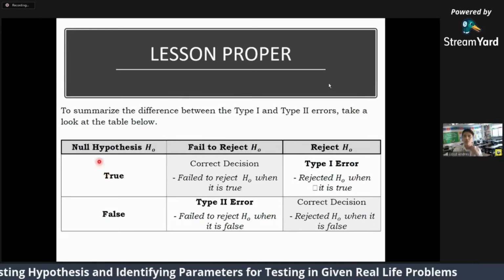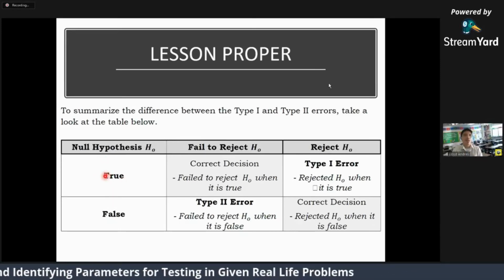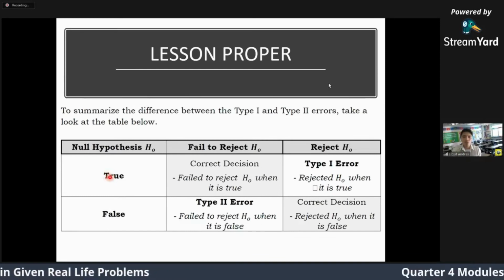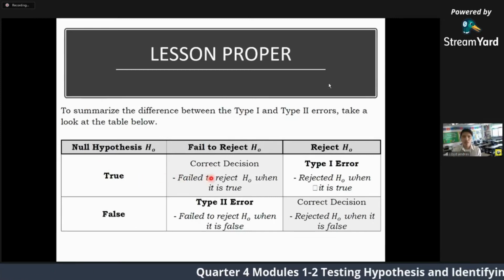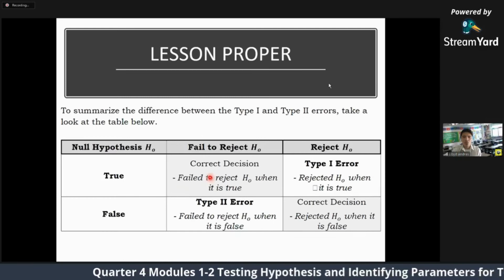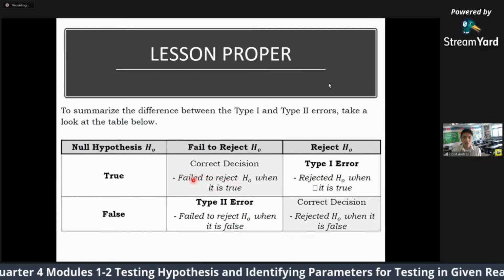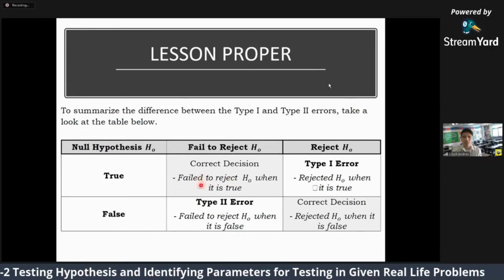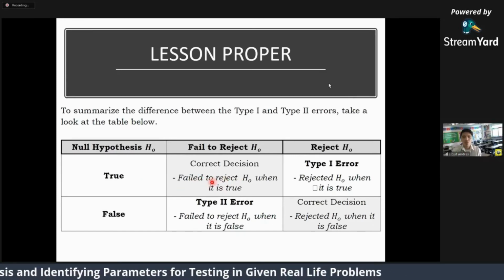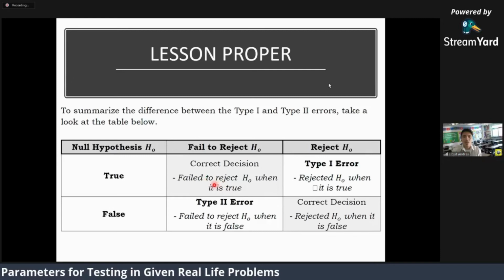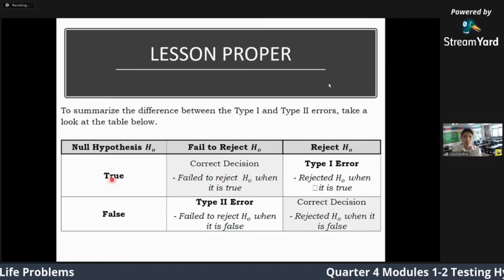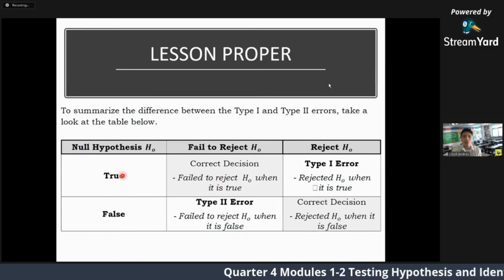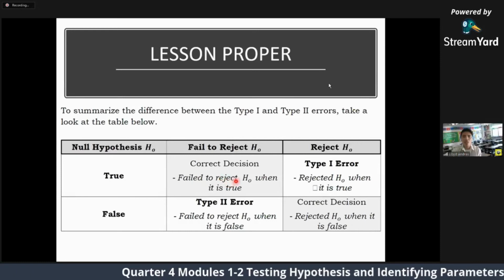Ang null hypothesis na to, walay kausaban sa usage sa internet. So, tinuod. Tapos, nag-experiment ka. Tapos, pag-experiment nimo, ang nakabutang nito is do not reject. So, wala nimo gi-reject ang null hypothesis. So, tama imong desisyon. Wala gi kausaban.